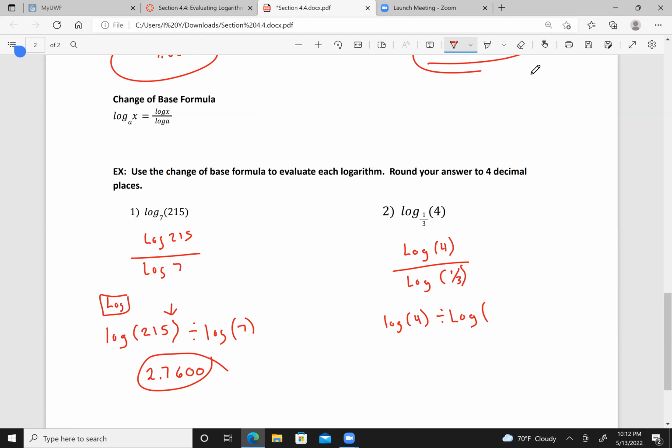No, let's not use estimates. Let's go 1 divided by 3, close parentheses. So I have the log of 4, close parentheses, divided by a log of 1 divided by 3, close parentheses, enter. And I get negative 1.2619 rounded to 4 decimal places.